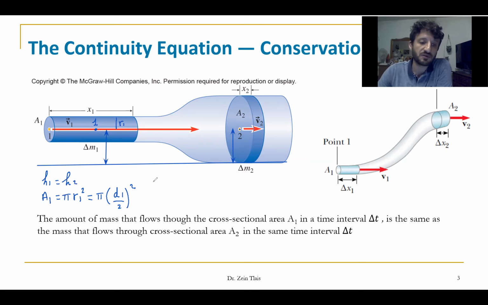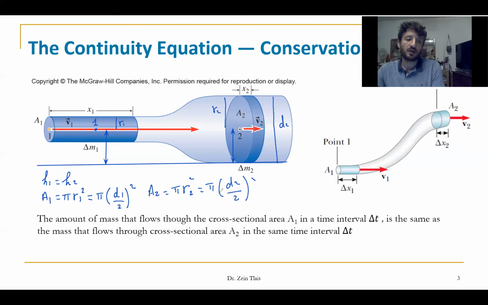And the same for R2 and D2, we have A2 equals pi R2 square equals pi times D2 divided by 2, squared. Okay, this is the first point.